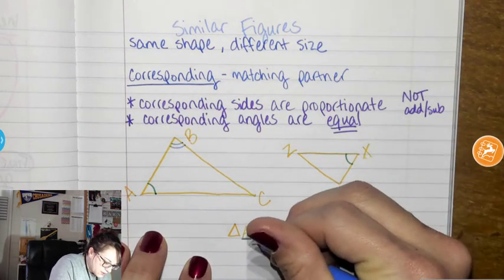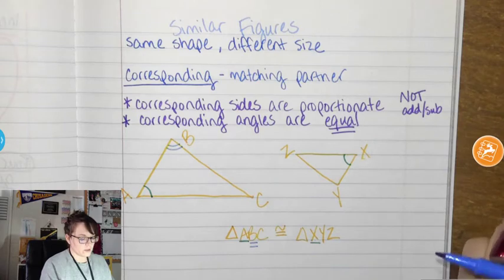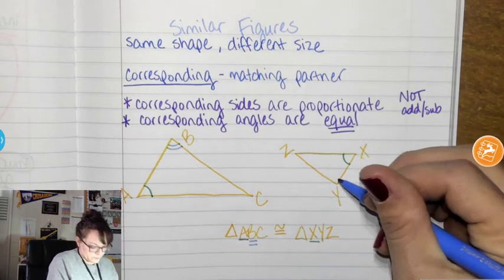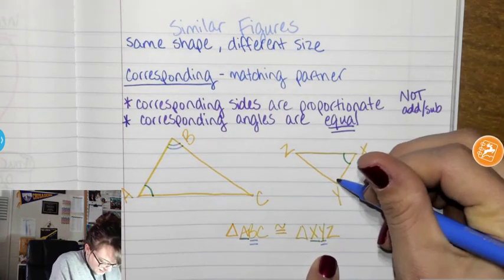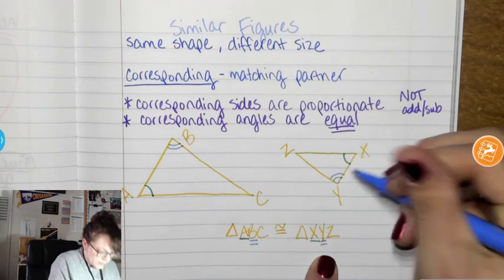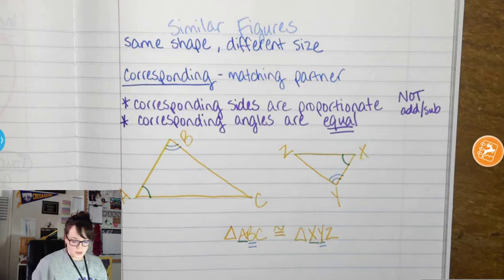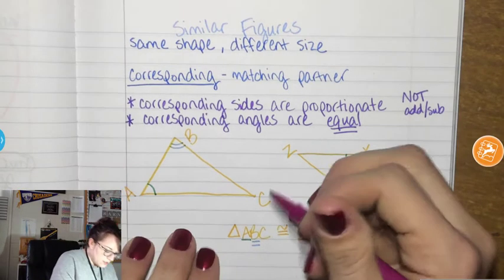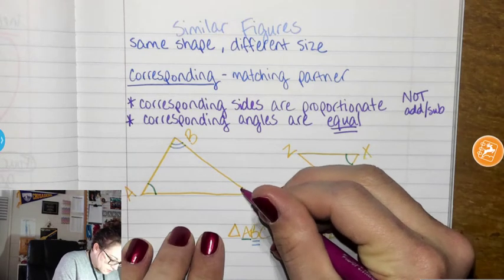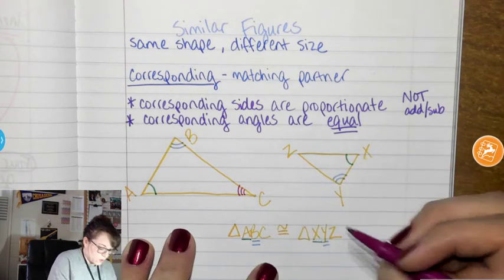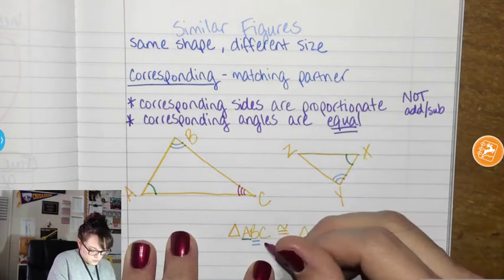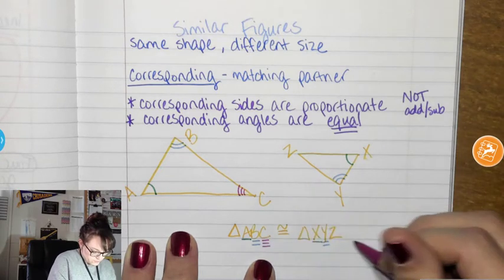So angle B goes with which angle? Y. So Y gets 2 swoops. So I know that they are corresponding angles. And then C, we're going to give C 3 swoops. And what is C's corresponding angle? C. Good.